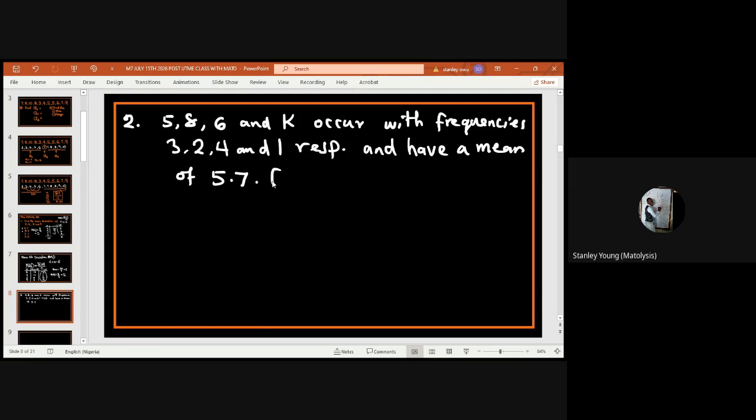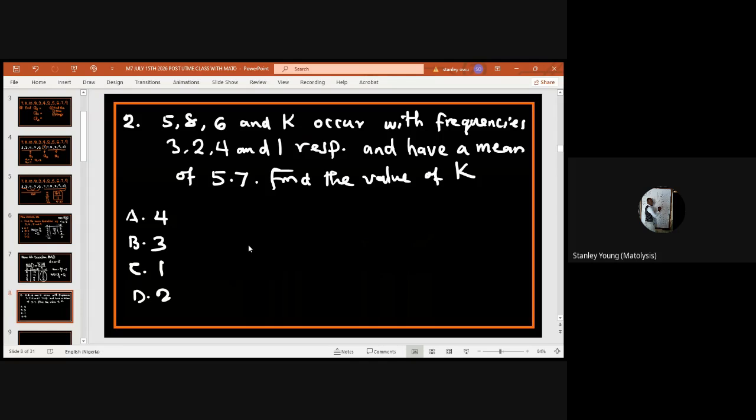So the question says find the value of K. They gave options. We have 4, 3, 1, and 2.